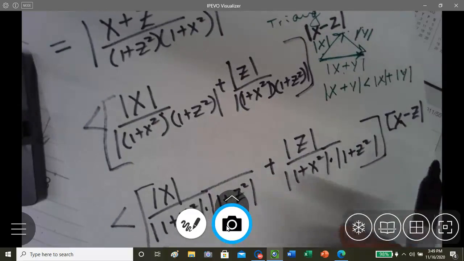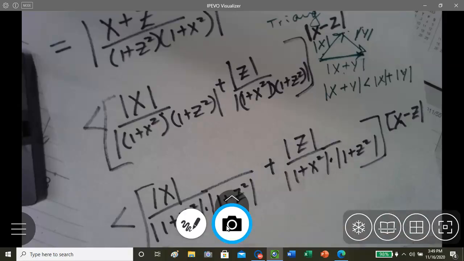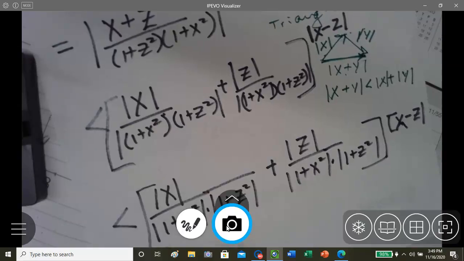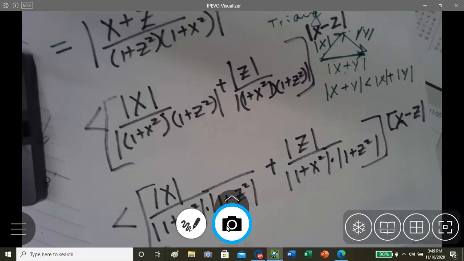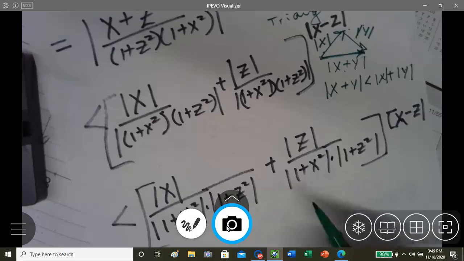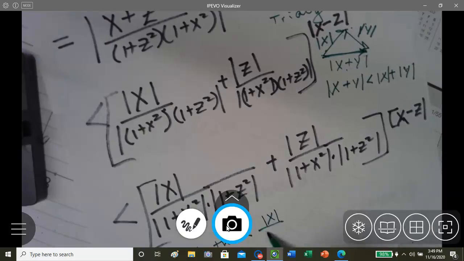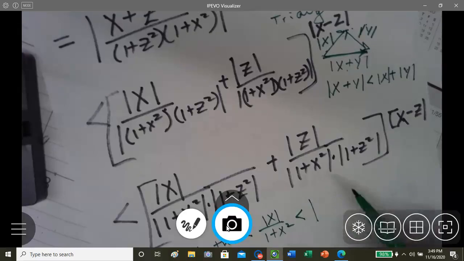Okay, so let's look at this for a minute. We know that the absolute value of x over the absolute value of x equals 1, then the absolute value of x over 1 plus x squared is going to be less than 1.